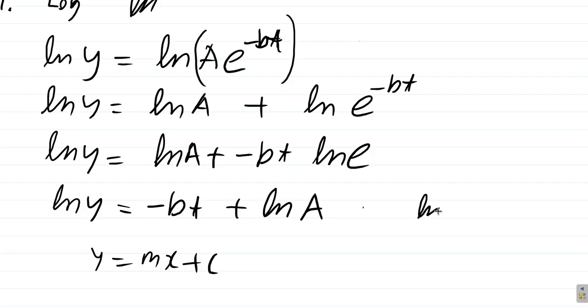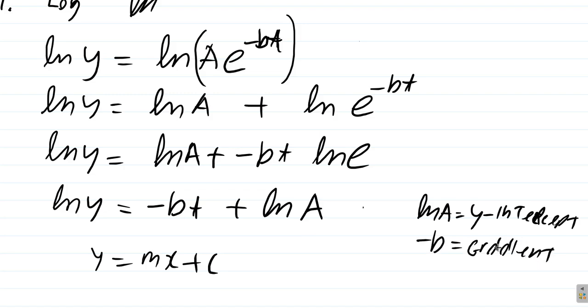In this case, ln a is the y-intercept. m will be the gradient. In this case, t took the place of x. So negative b equals the gradient, right? So that is our equation there.